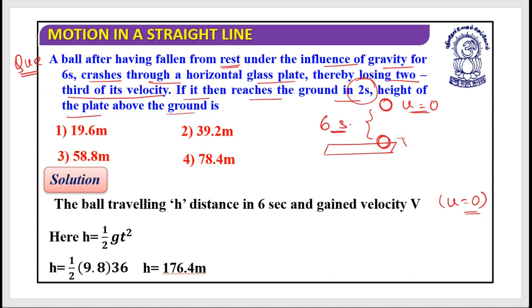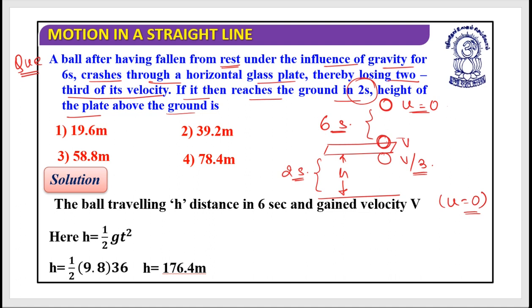Now it has lost two-thirds of its velocity, so it travels with only one-third of the velocity, and then it reaches the ground in just 2 seconds. What you require is this height, this is the h. So how can I do this?